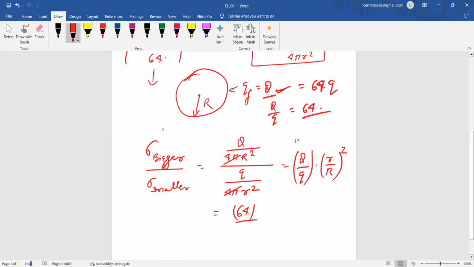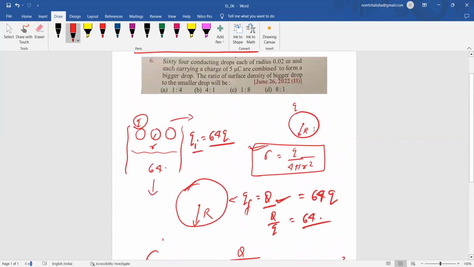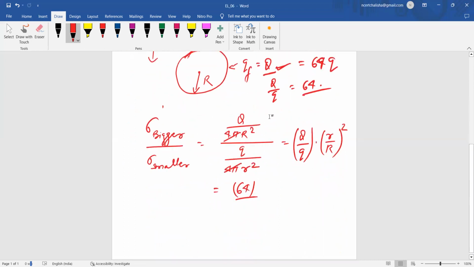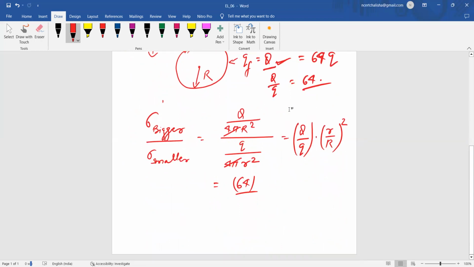And what about the radius? If we want to equate the radius, we can equate the volume. What is the volume of the smaller drop? The volume is 4 by 3 pi r cube. If we multiply this by 64, it will be equal to the bigger volume. So that is the second relation we have. 4 by 3 pi R cube, the bigger volume, equals 64 times 4 by 3 pi r cube, the smaller volume.